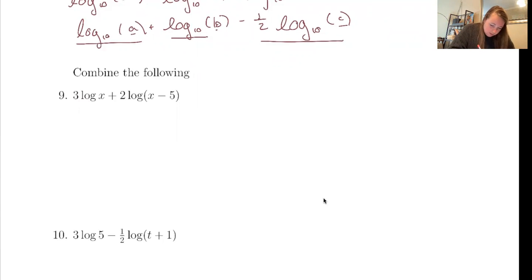So 3 log x would turn into log x cubed, and 2 log of (x minus 5) would turn into log of (x minus 5) squared. And so that was law 3.